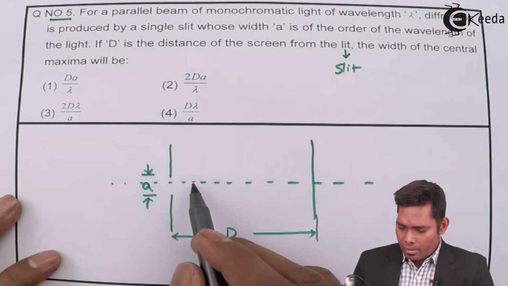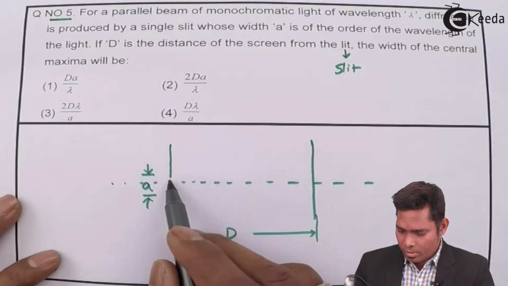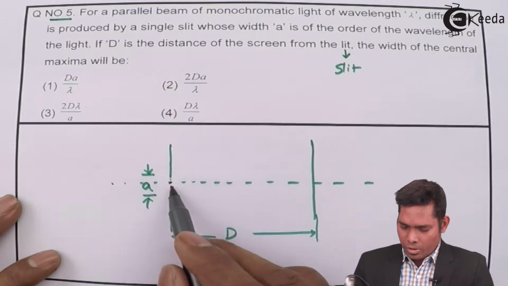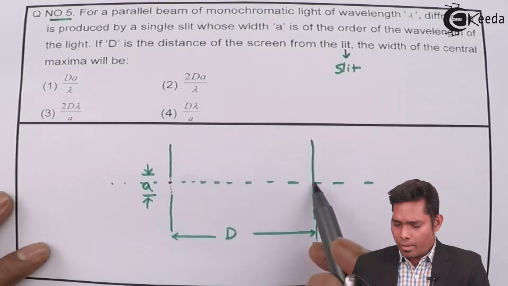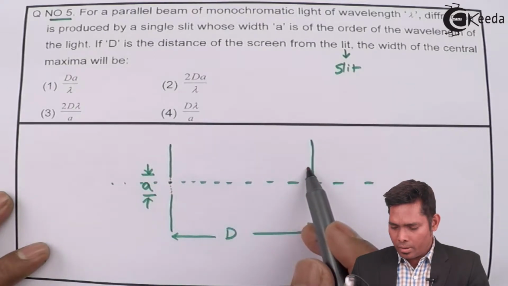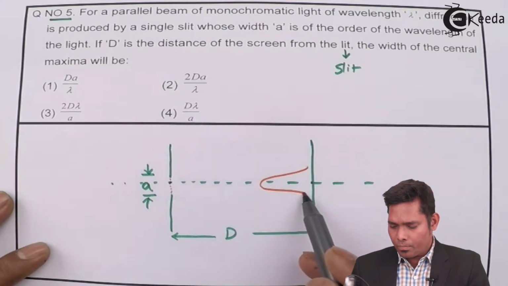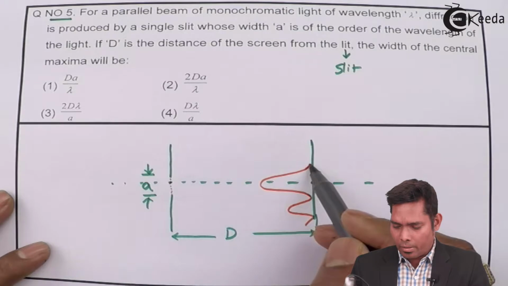When light enters, each point will behave like a point source according to Huygens principle, and the center will have a path difference of 0, producing central maxima, and then alternate minima and maxima.